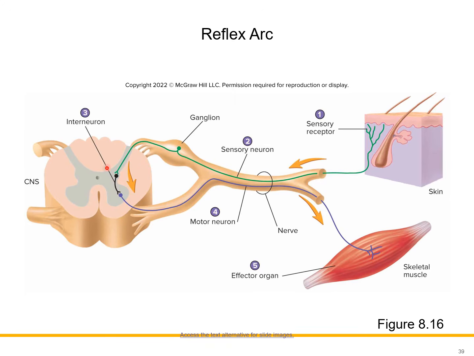The interneuron would then send it to a motor neuron. Then this motor neuron would send that processed information to the effector organ, and then the effector organ would react accordingly. Okay, so it's interesting to note that ilang minuto natin tong inaral, di ba? But for the nervous system, all of these processes would happen in less than a second.